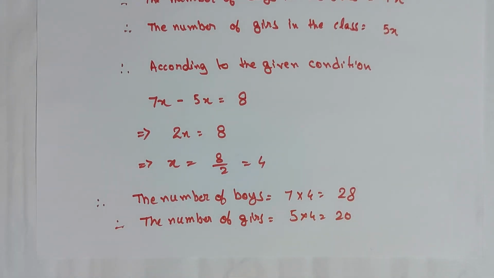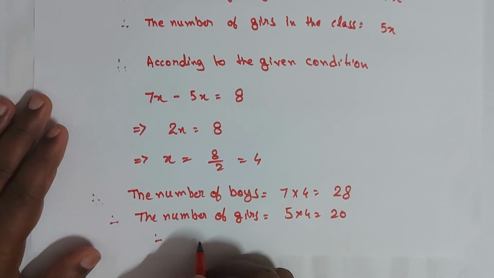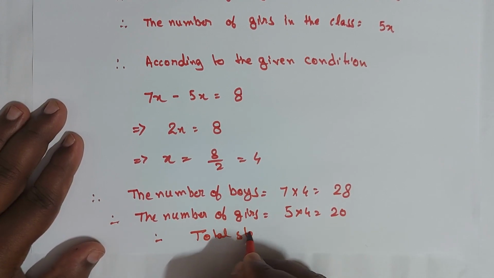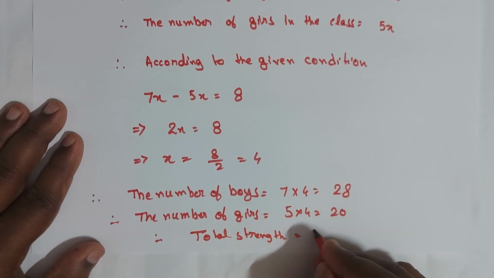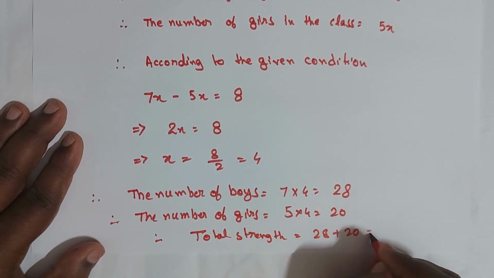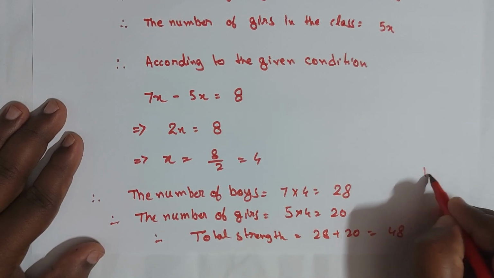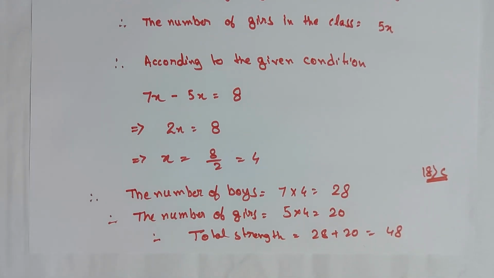Okay, this is our answer. So the total strength means boys plus girls, that is 28 plus 20 equals 48. So option C, question number 18, option C is our correct answer. Okay, so students, today up to this. Next day we will solve some more questions.